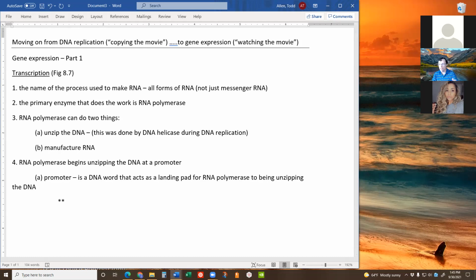Basically, the promoter is the beginning of a gene. So RNA polymerase is recognizing this sequence of DNA nucleotides, which we are calling a promoter, attaching to it and starting the work of unzipping the DNA so it can start to make fragments of RNA from the DNA template.